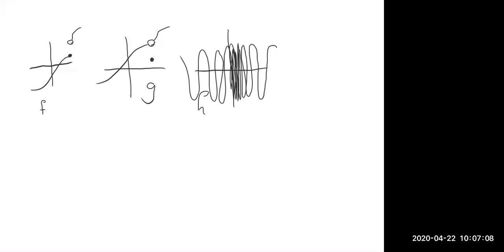Okay. Now, the interesting thing is that we know every continuous function has the intermediate value property, right? So I would write it here. Every continuous function has the intermediate value property. But sometimes even discontinuous functions have this property.